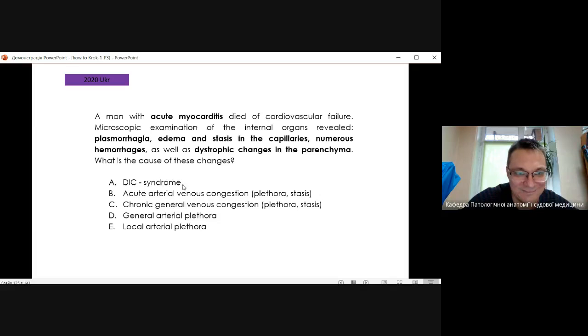I just didn't have time, I just missed correcting it. So don't worry about that. It should be acute general venous congestion, due to the lack of proper left ventricle work. So that's the correct answer.